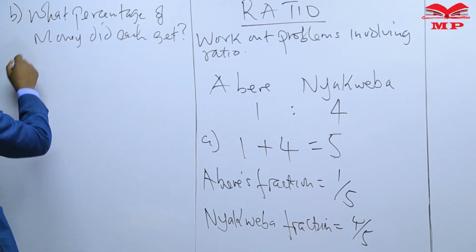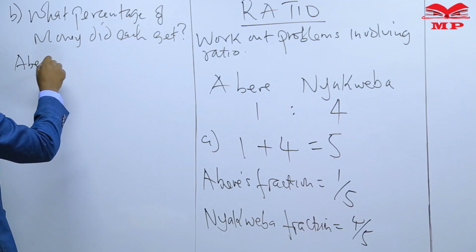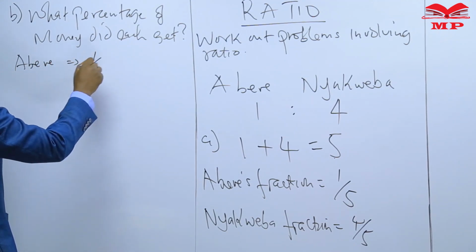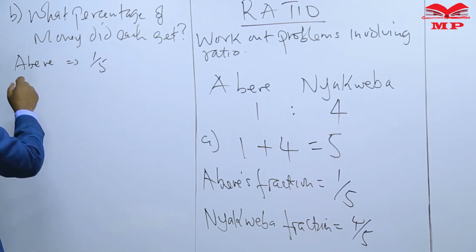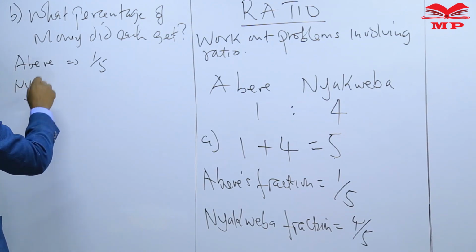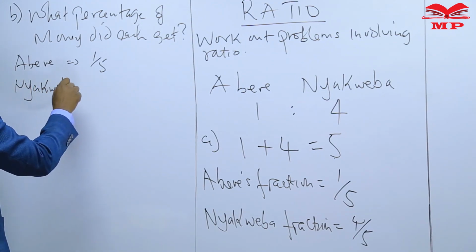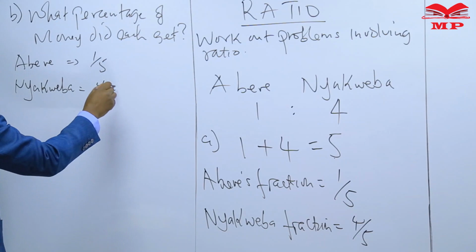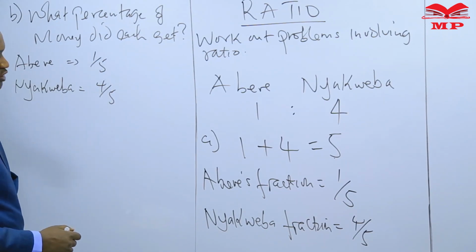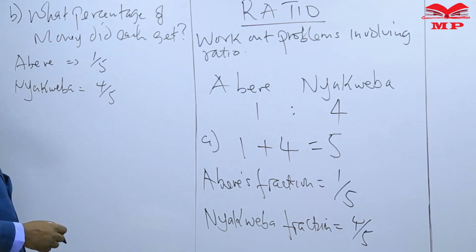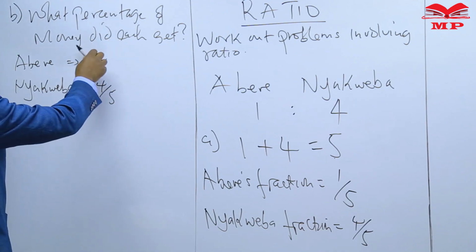We have seen that Abere's fraction is 1/5, Nyakweba's fraction is 4/5. So the percentage, we asked what percentage of money did each get.